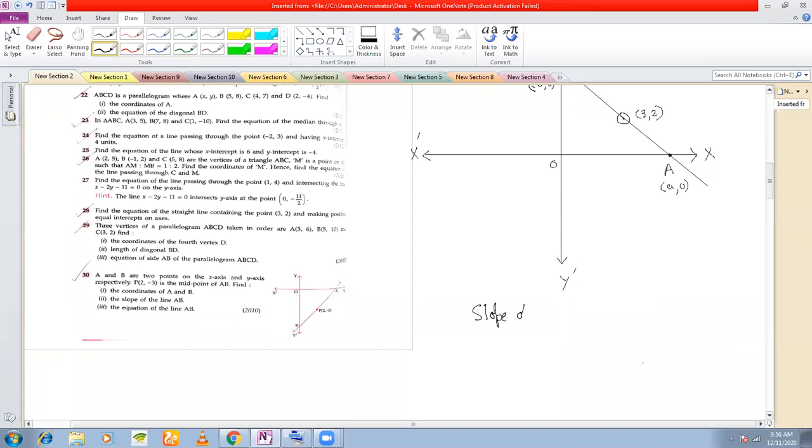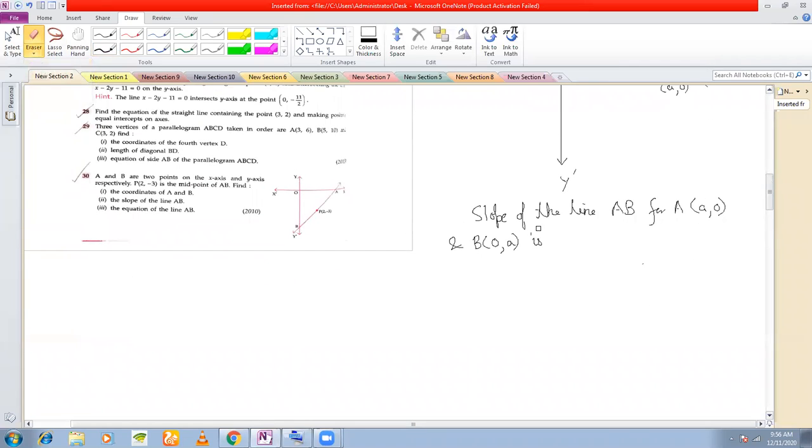Slope of the line AB, for A(a, 0) and B(0, a), let's say, equal to m, we denote the slope by m, equal to (y2 minus y1) by (x2 minus x1).